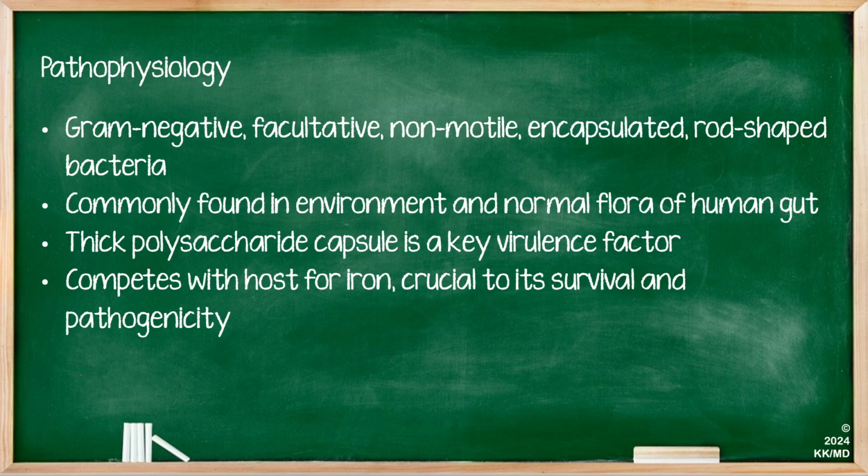The pathophysiology of it is that it is a gram-negative, facultative, non-motile, encapsulated, rod-shaped bacteria. It is commonly found in the environment and normal flora of the human gut. It has a thick polysaccharide capsule, which is a key virulence factor, and it competes with the host for iron, which is crucial to its survival and pathogenicity.